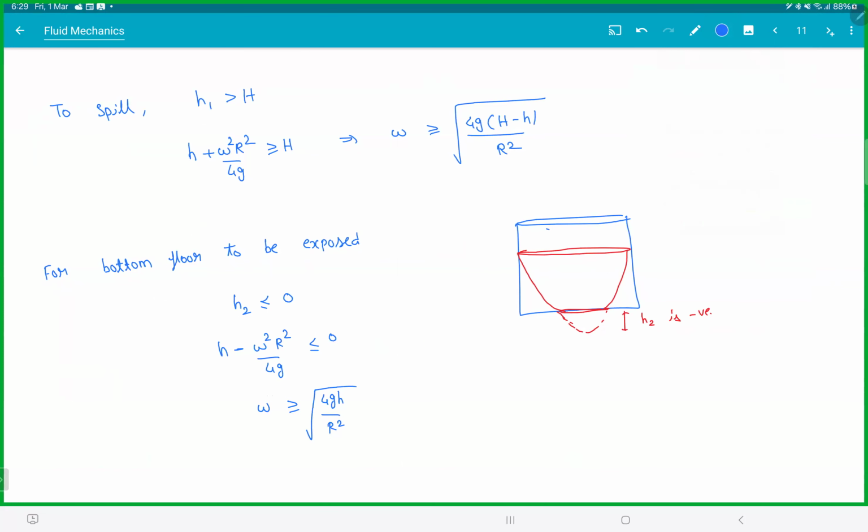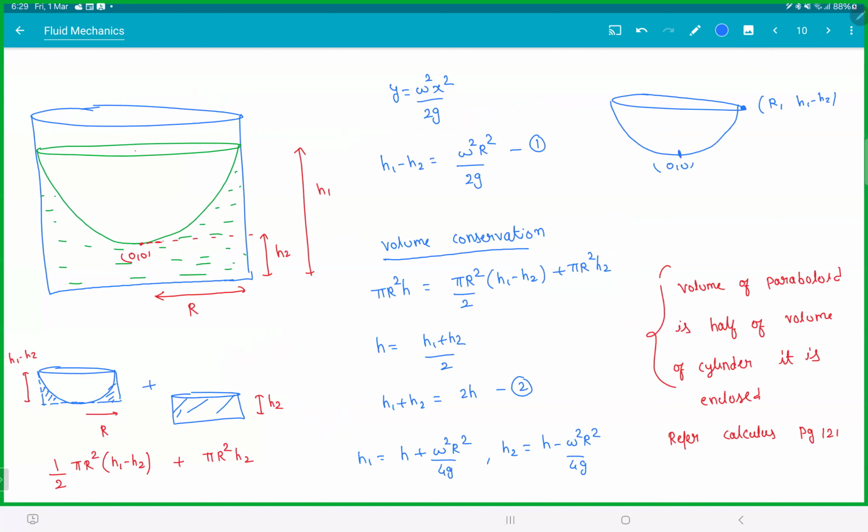There. So they can ask you questions like this. Find the condition if the liquid spills even before the floor is exposed. Find the condition if the floor is exposed before the liquid spills. They can play around with multiple things. But the main thing, you need to find H1, H2 first. And especially we have to use this condition here. This volume conservation you should know. Please check.